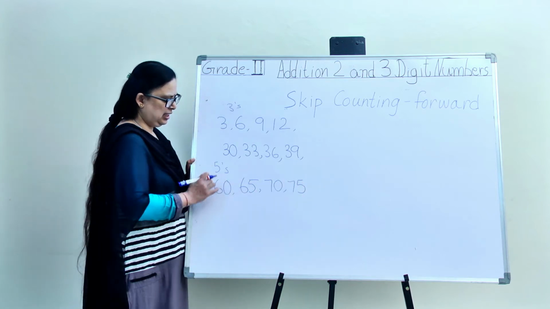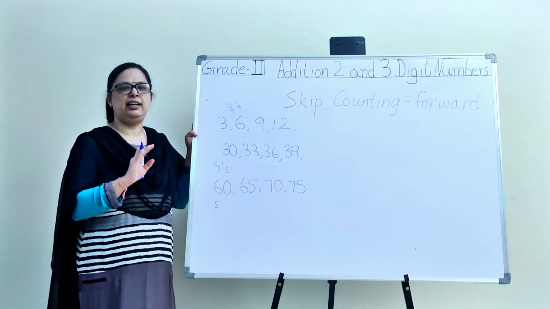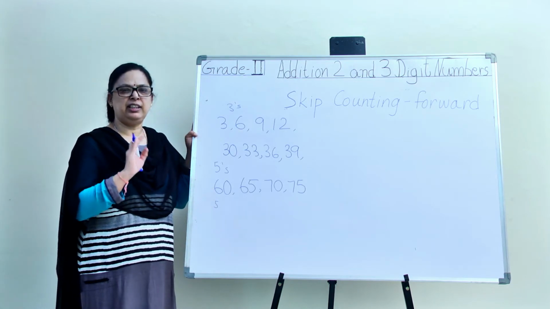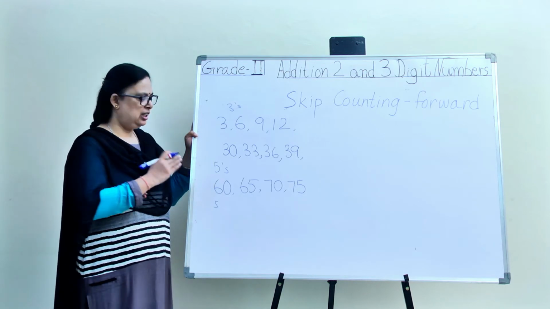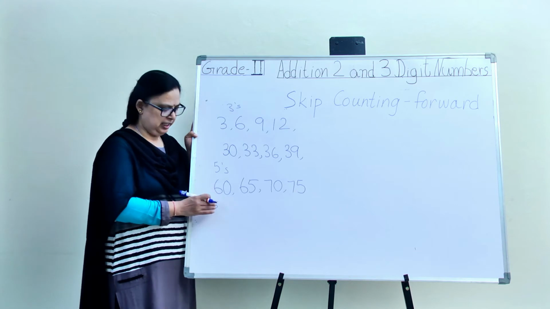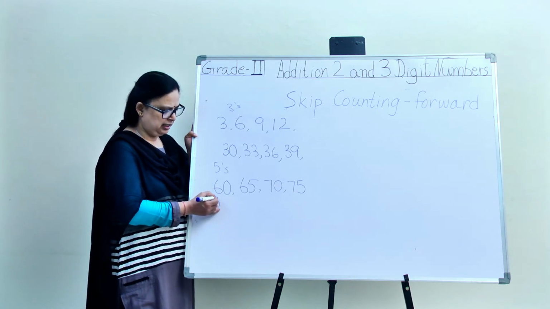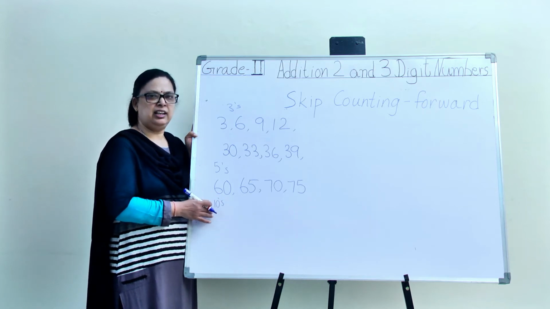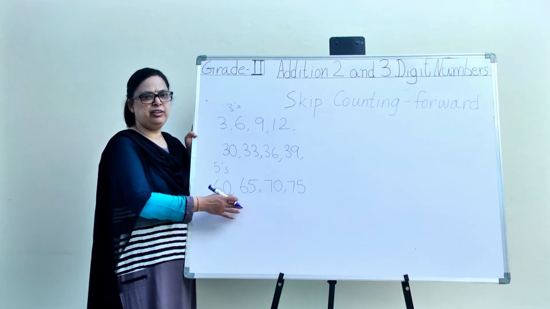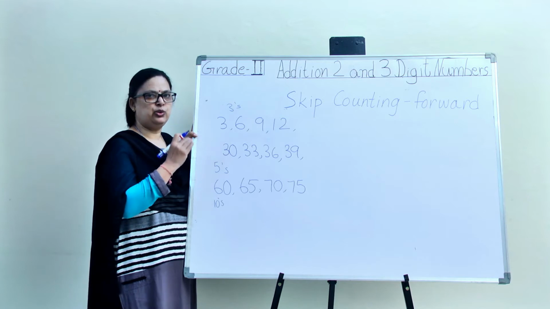If you take skip counting by fives, it is very easy: 5, 10, 15, 20, 25, 30, 35, 40, 45, 50, like this it goes on. The same way you have skip counting by tens: 10, 20, 30, 40, 50, 60, 70, 80, 90, and so on.